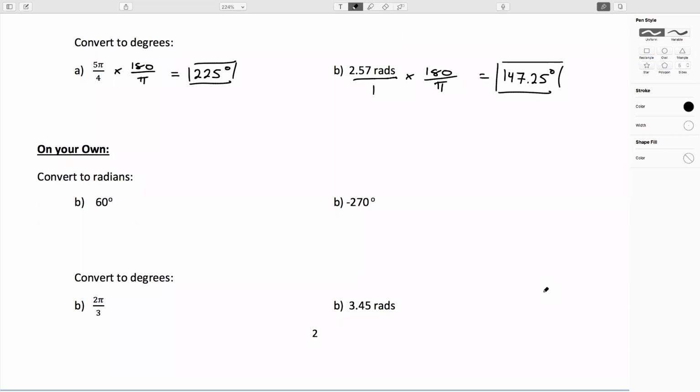And we've got a few more. You can try these on your own. Pause the video, give it a shot yourself, but I'll run you through them quickly. 60 times pi over 180 equals pi over 3 radians. Negative 270 times pi over 180 is negative 3 pi over 2.